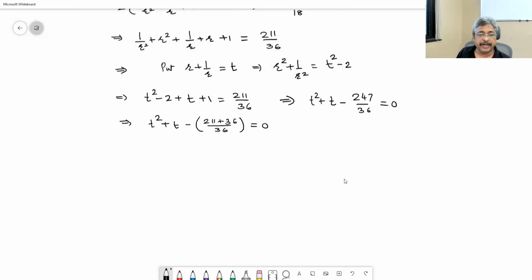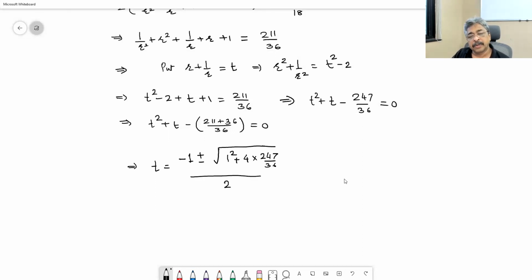We should be able to solve it, and hence we can write directly T is equal to minus B plus or minus under root B square minus 4AC, where A is 1, C is minus 247 upon 36, over 2A, which is equal to minus 1 plus or minus 16 upon 3 over 2, which implies T is equal to 13 upon 6 or minus 19 upon 6.